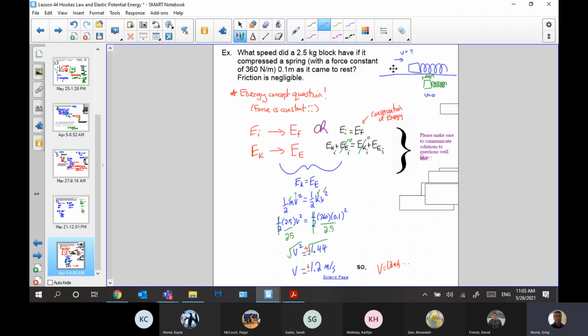Of course not. And that's because there's actually some internal friction as well within the molecules of the spring itself. So if you did spring it in, as it pushes out you'd actually lose some energy within the spring itself, and so it would also be slower for that reason as well. So saying friction is negligible here is a big statement for sure.